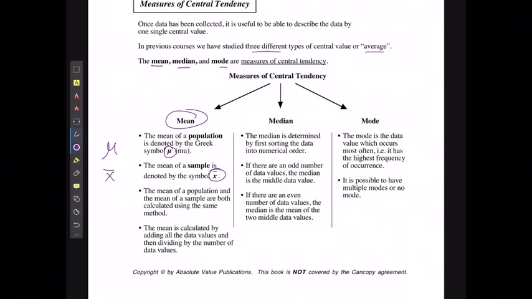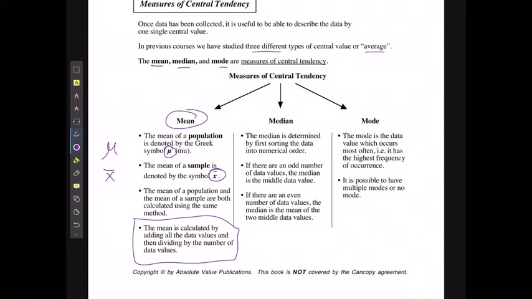That's how in most of your calculators it's going to appear, not as the symbol of mu, but as the X with a line over top of it. The mean of a population and the mean of a sample are both calculated using the same method, and the mean is calculated by adding all the values together and dividing by the number of values. So that's typically what we mean when we say average.